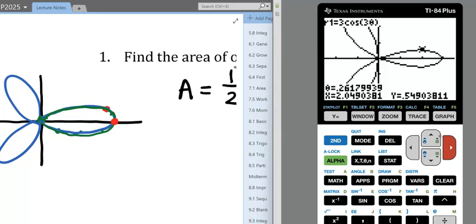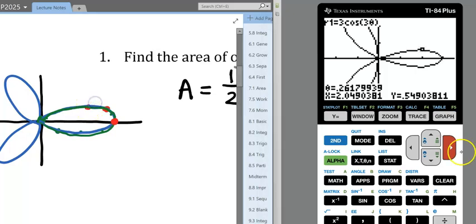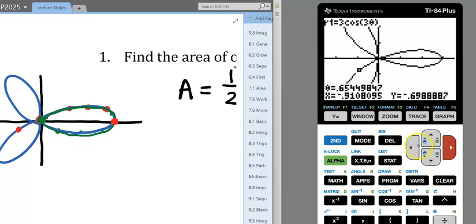That's what these decimals represent. Then we get a point over here, a point here, and then we get a point at the pole. So far, those points are not tracing through a petal on this rose curve, right? As we continue to toggle through, now we're here. We're at a point down here.